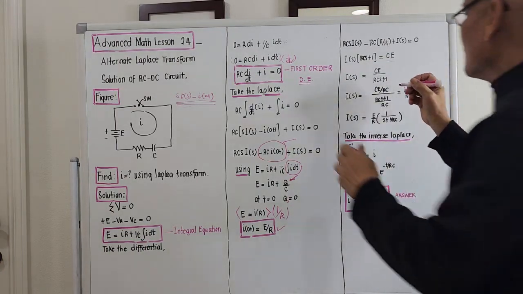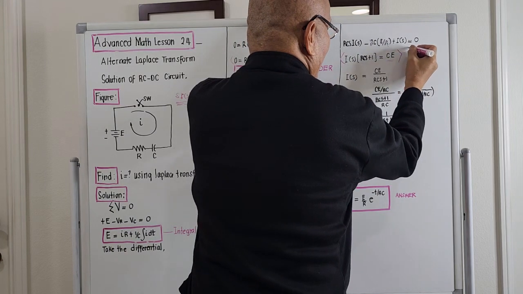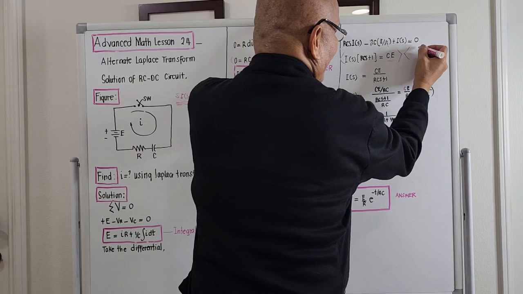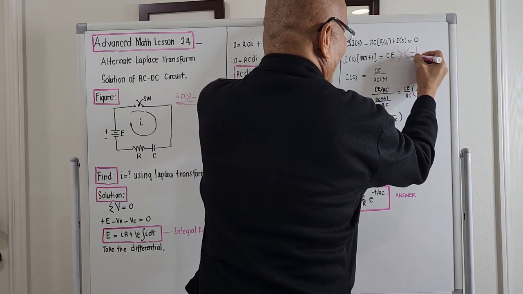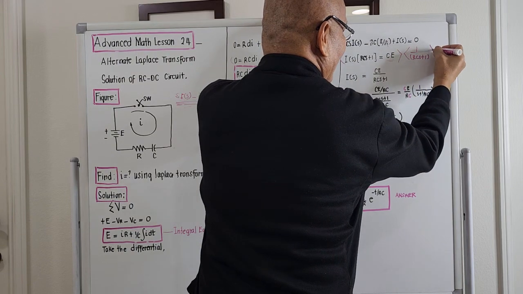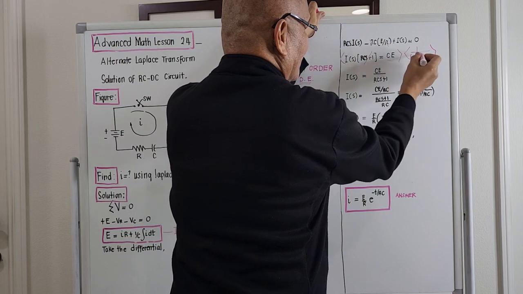And if we try to multiply this equation here, we want to eliminate this one, so we will just take the reciprocal, 1 over RCS plus 1. Okay. So the left hand side multiplied by this will cancel out.